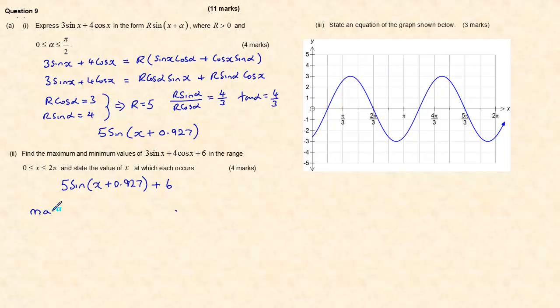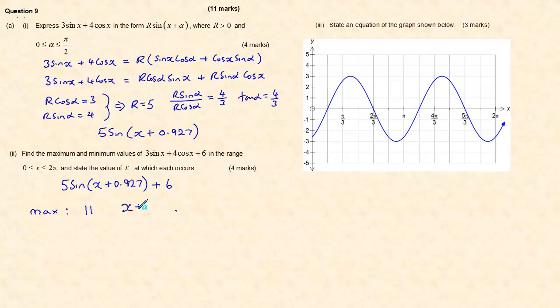Now we know that the maximum value of the standard sine is 1. So when the sine is 1, this is 5 plus 6. That's going to be 11. Where does that happen? The sine is 1 when x is pi by 2, or 90 degrees, if we think about it in degrees.